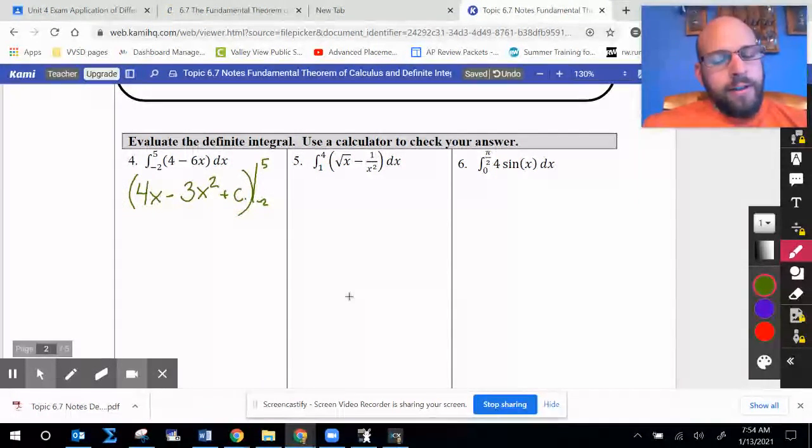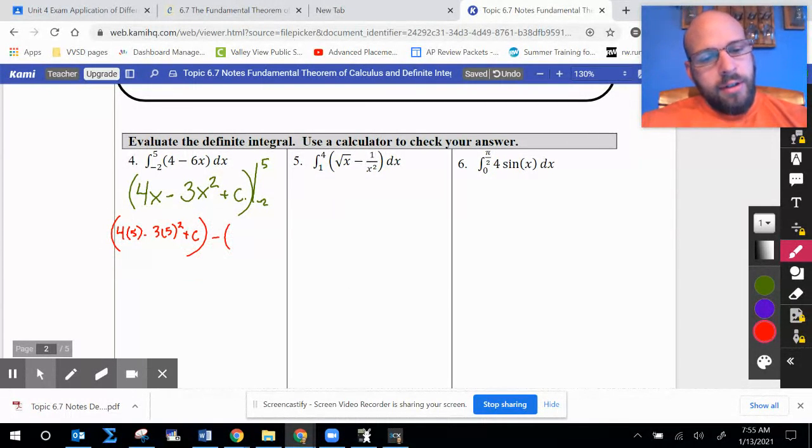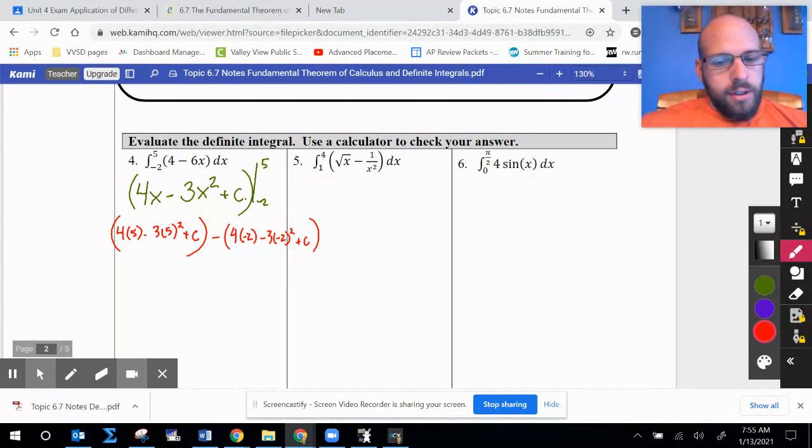So if I plug in 5, I have 4 times 5 minus 3 times 5 squared plus c, minus 4 times -2 minus 3 times -2 squared plus c.